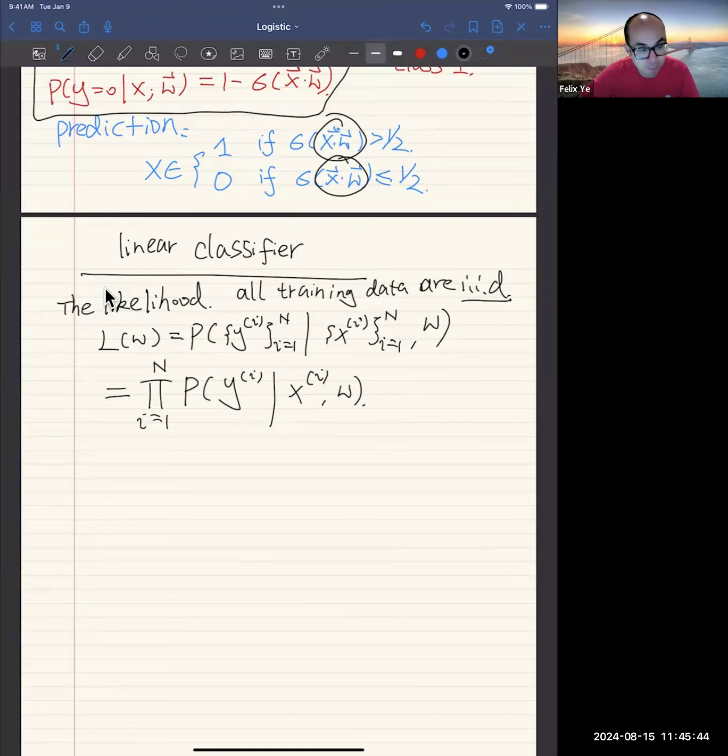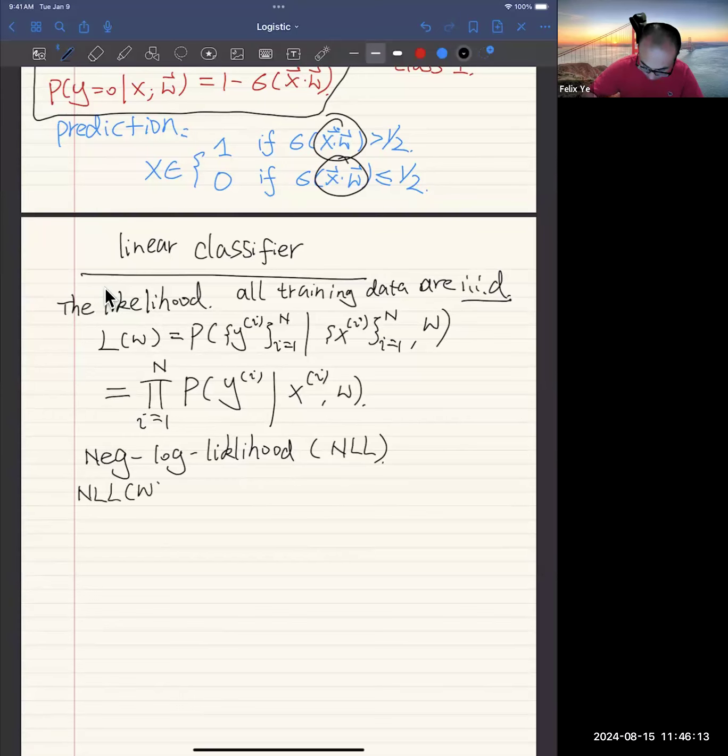And of course, in general, we don't work with the likelihood directly. If we have a whole dataset, we usually work with the negative log likelihood, so it's NLL. NLL of W is basically the negative logarithm of the likelihood, right?